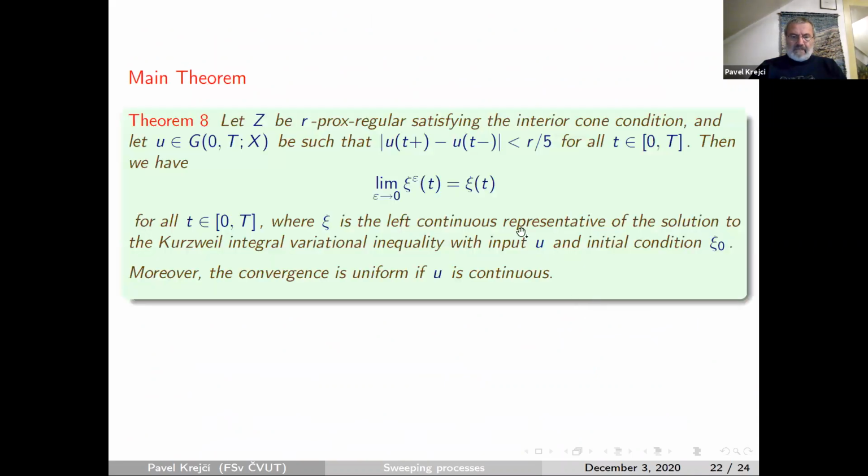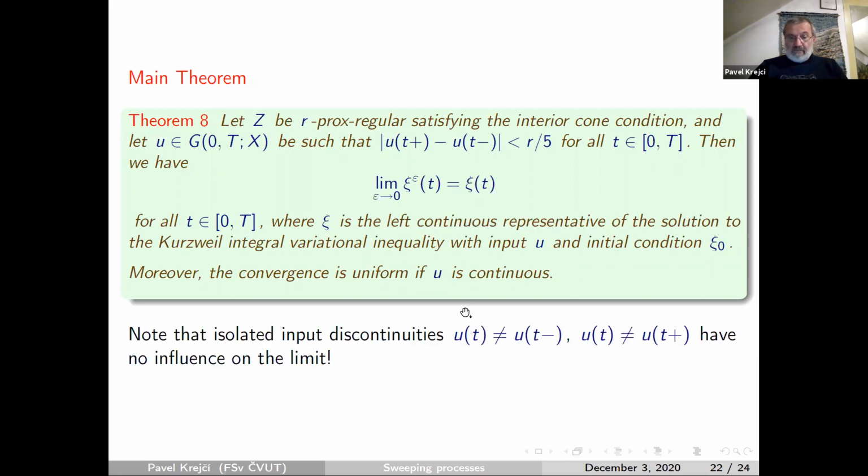And now the main theorem is that if Z is R-prox regular, satisfies the interior cone condition, and the input jumps are again bounded by something, I don't guarantee that the denominator 5 is optimal, but at least R over 5 works. Then the solutions of the singularly perturbed differential equation, independently of the function F, converge to the solution of the Kurzweil integral variation inequality, more precisely to the left continuous representative of the solution.